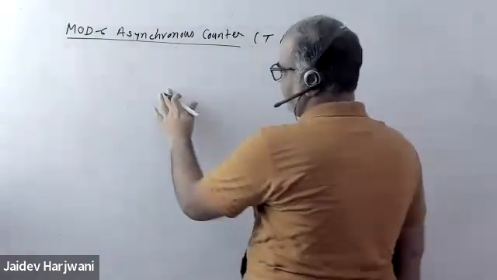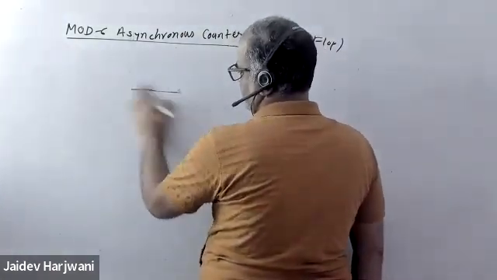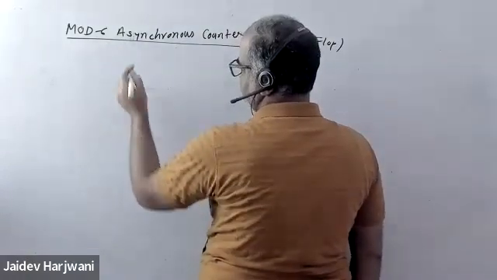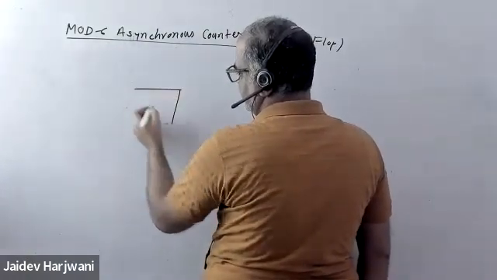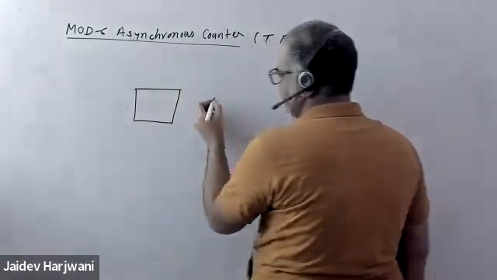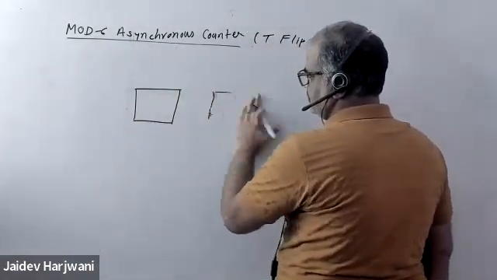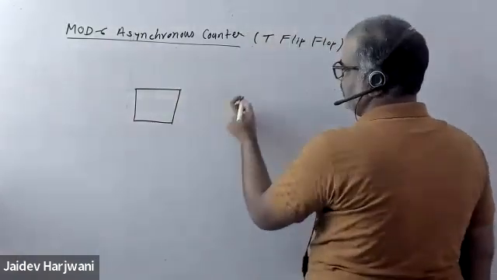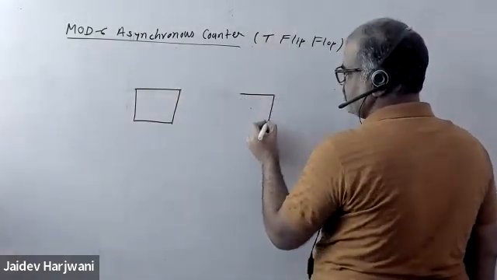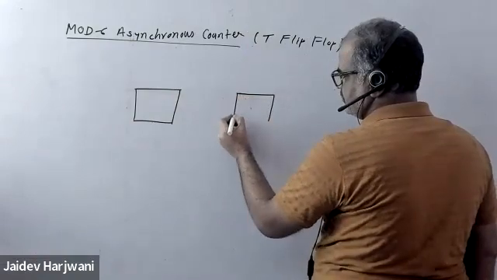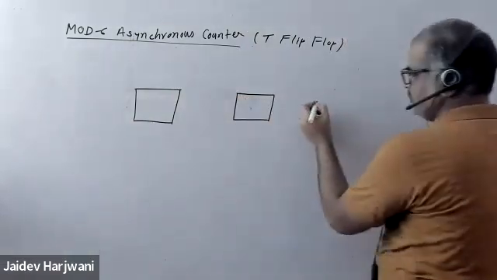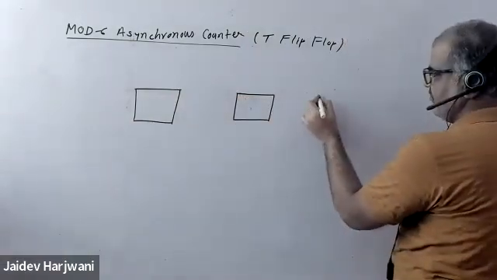So T flip-flop will be what? You have 6 states, so you need a minimum of 3 flip-flops. One, let me make space. And you have one more flip-flop.